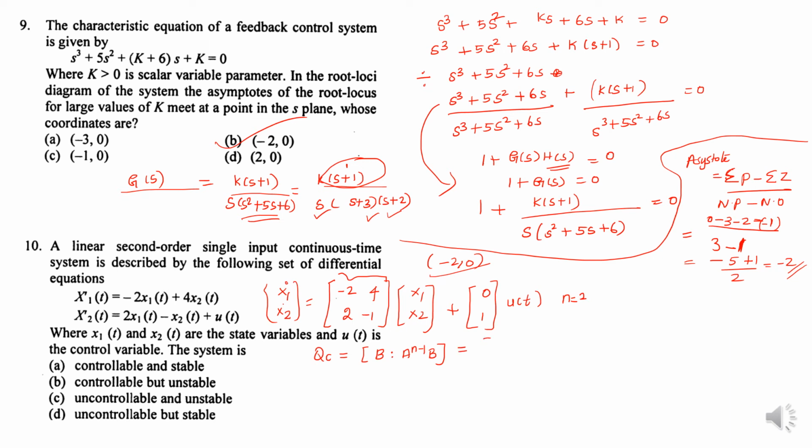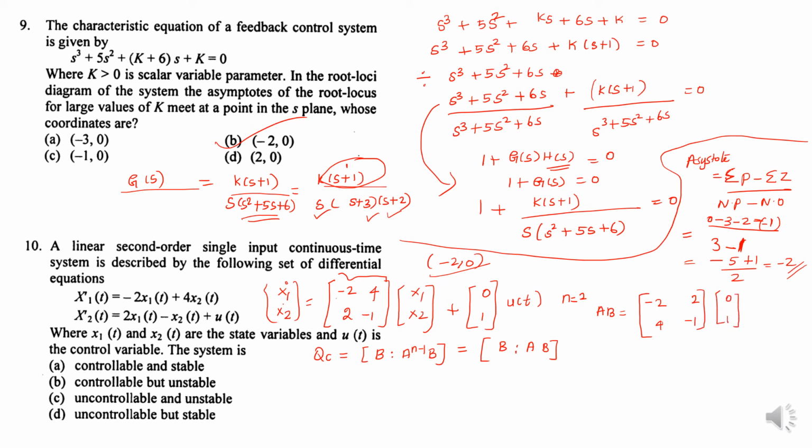So B, then colon, A into B. First of all, find out A into B. What is the A matrix? A matrix is minus 2, 4, 2, minus 1. B matrix is 0, 1.